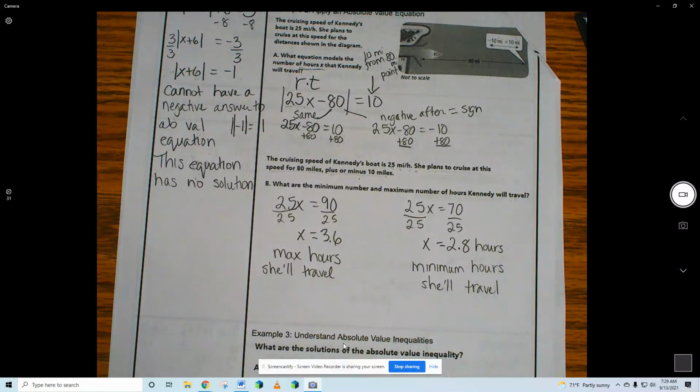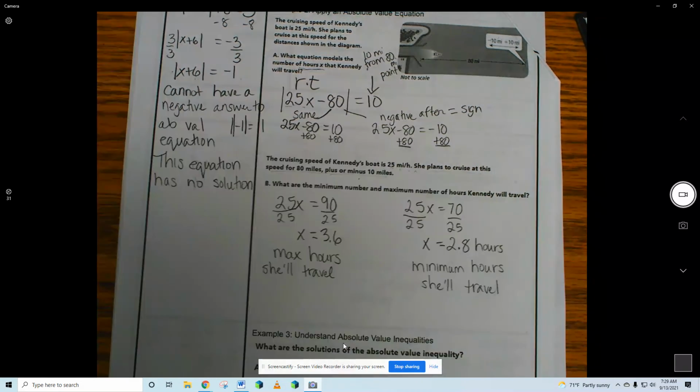So if she goes over by 10 miles, that's 90 miles, she'll have to be driving in her boat for 3.6 hours. If she only goes 70 miles, 10 less than 80, she'll do 2.8 hours.